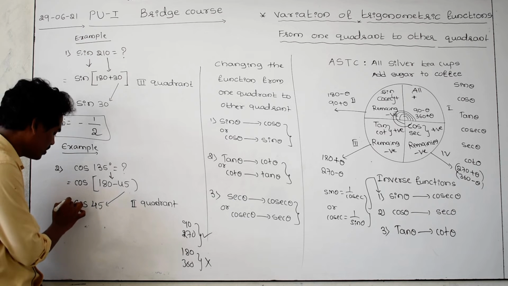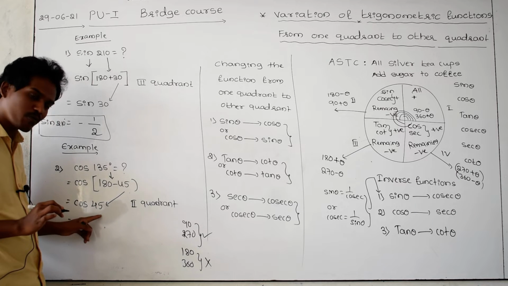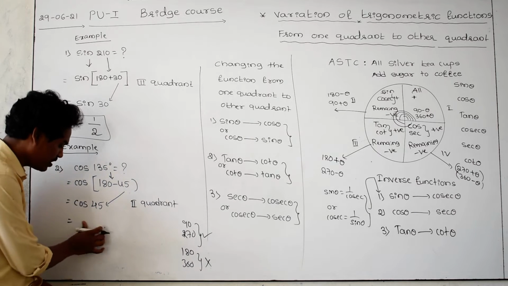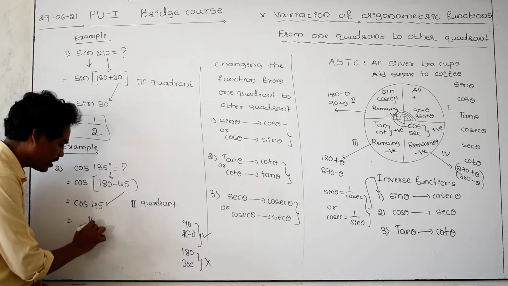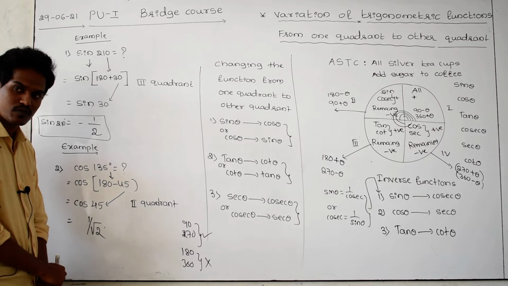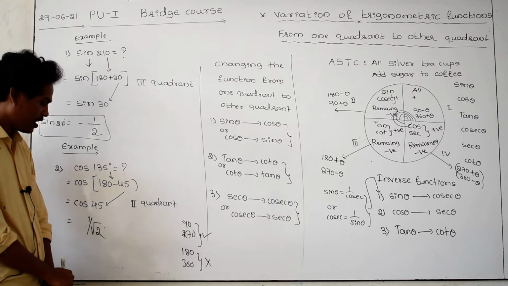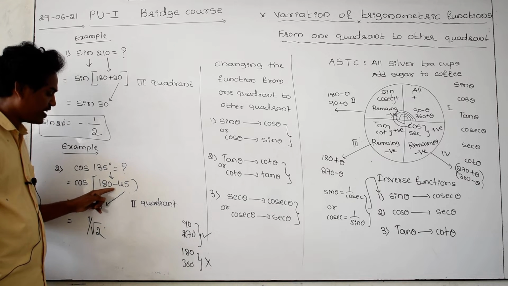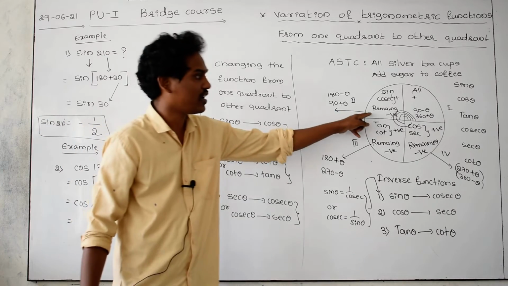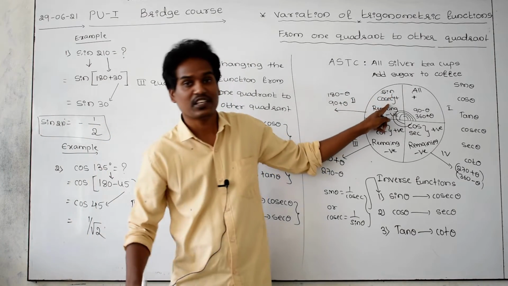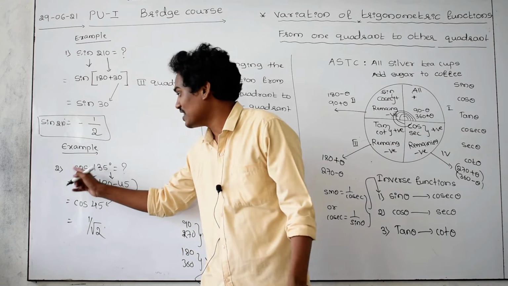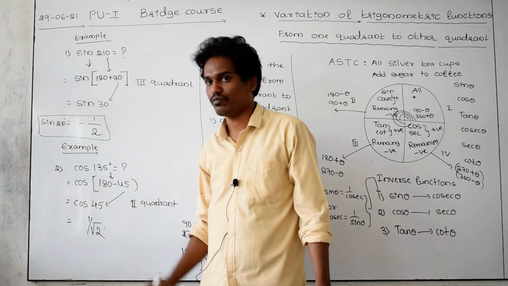Go to the table. What is the value of cos 45? Go to the table. The cos 45 value is 1 divided by root 2. Cos 45 is equal to 1 by root 2. And which quadrant is it? 180 minus theta, it is the second quadrant. In the second quadrant, you check yourself: is cos positive or negative?